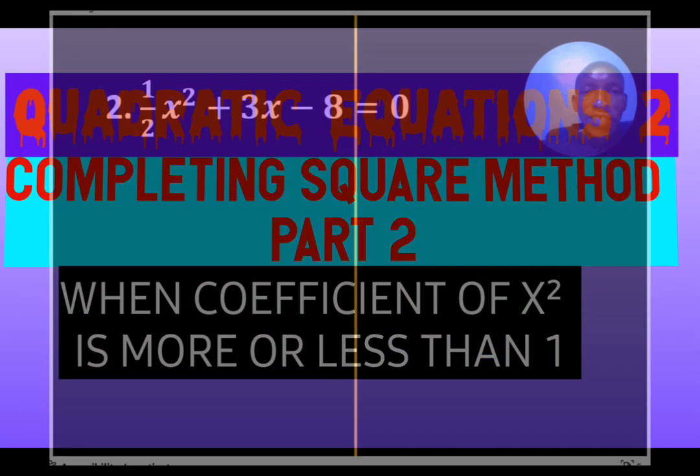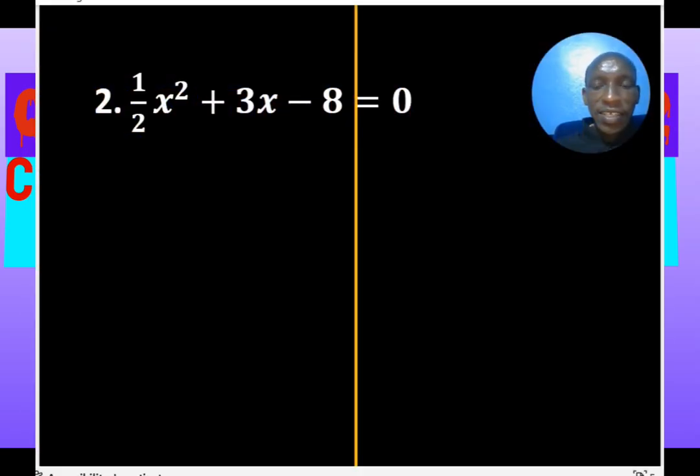Question 2. I have a half x squared plus 3x minus 8 is equal to 0. As we said, the first step is to make the coefficient of x squared be 1. What do we do to a half x squared to become 1? You need to multiply it by 2.